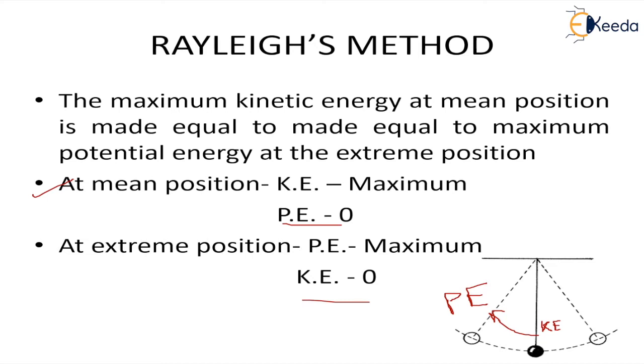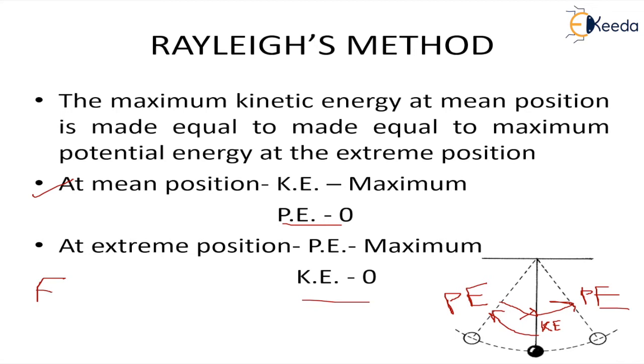In the same way, when it comes back to the equilibrium or mean position, there is only kinetic energy and potential energy is zero, and again at the extreme position, there is only maximum potential energy and no kinetic energy. And we are also saying that the total energy for the system is constant.